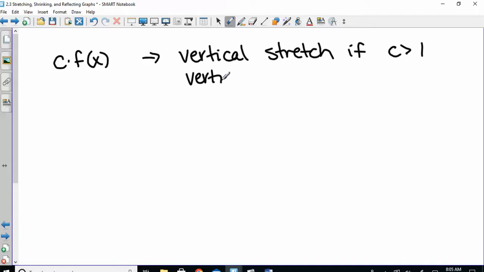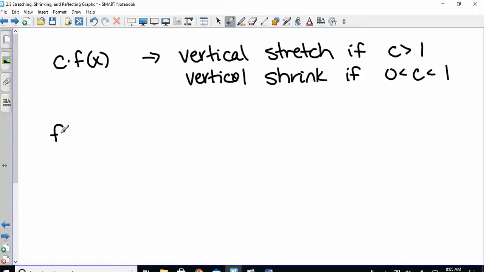It will be a vertical shrink if your C is between 0 and 1. Multiplying something by 2 is like saying take all of your Y values times 2. So it's going to double your height, so it's going to get tall and skinny. If I say 1/2, that's taking your height times 1/2, so it's going to get shorter and fatter.